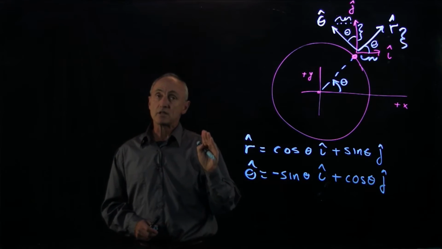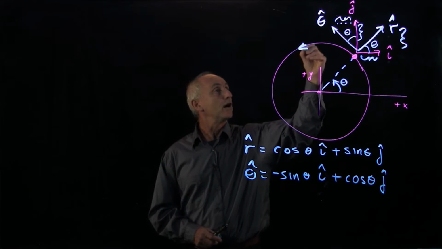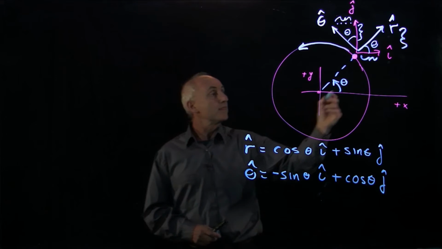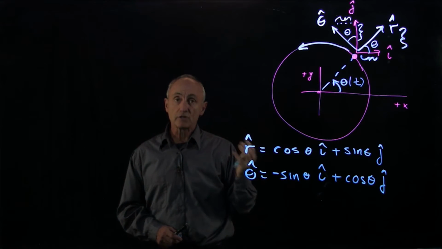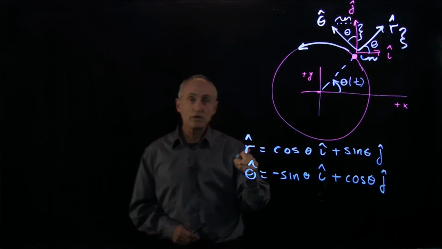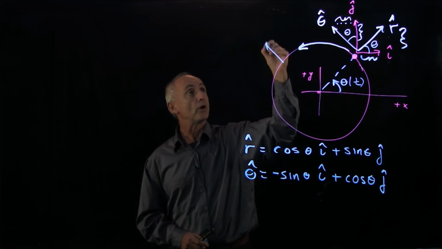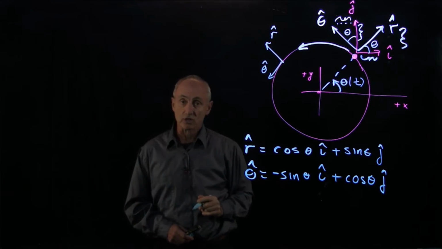Now, why is this significant? Because if we're describing the motion of an object, for instance, an object that's going around a circle, then our polar coordinate theta is a function of time. And so these unit vectors are actually changing in direction. We saw that before. Over here, r hat and theta hat point in different directions.